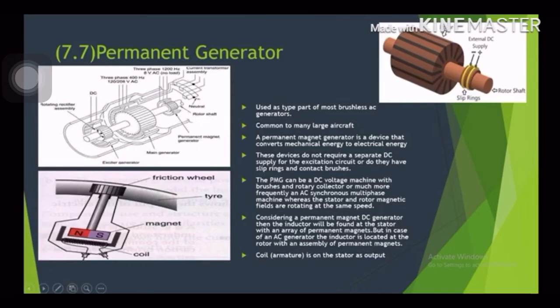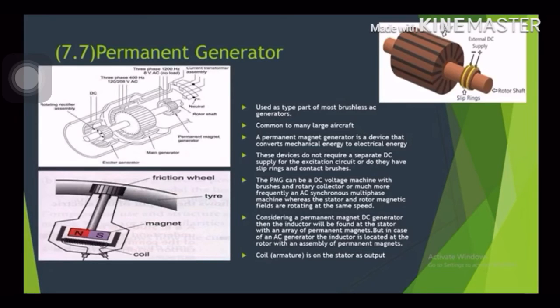The PMG can be a DC voltage machine with brushes and rotary collector, or much more frequently a synchronous multi-phase machine, where the stator and rotor magnetic fields are rotating at the same speed.